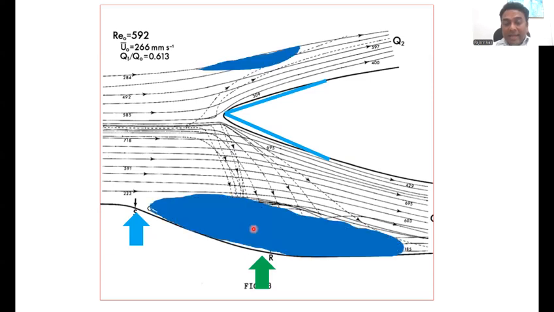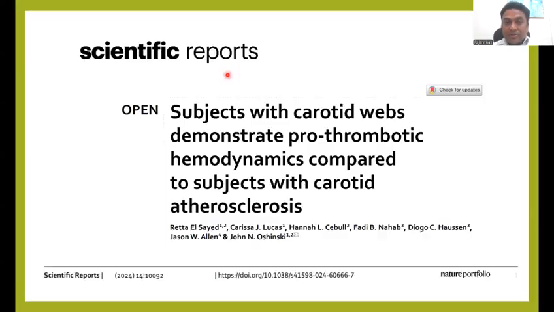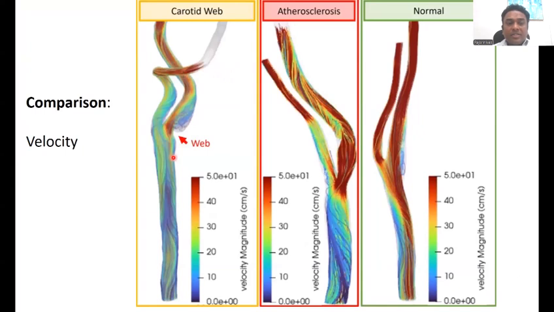It causes elevation of inflammatory markers and promotes atherosclerosis, both on this wall and on this wall of the external carotid artery. The paper we'll be discussing was published in Nature just recently, which looks at the hemodynamic parameters in carotid web and compares it with atherosclerosis and normal patients. So this is a velocity map.